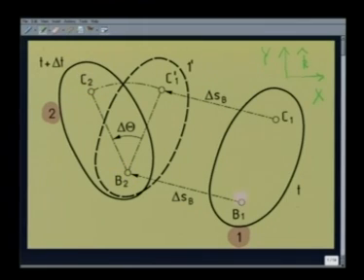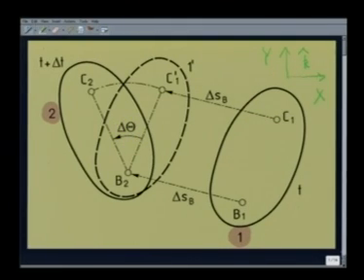So, the line B1 C1 has moved and also rotated and occupied the position B2 C2. So, if I draw B2 C1 prime, which is parallel to B1 C1, then we can see the rotation of this line B1 C1 during this time delta t is given by delta theta.